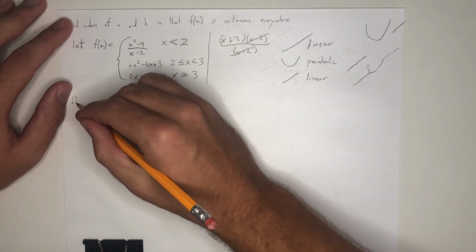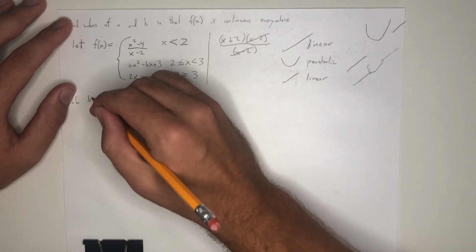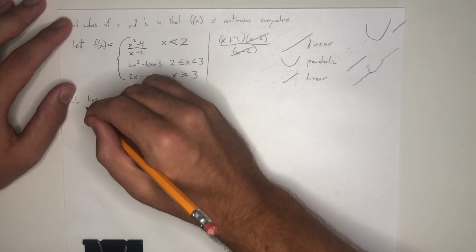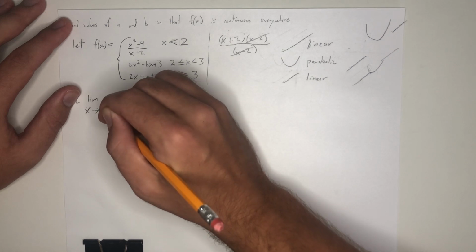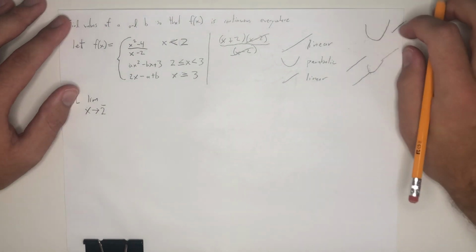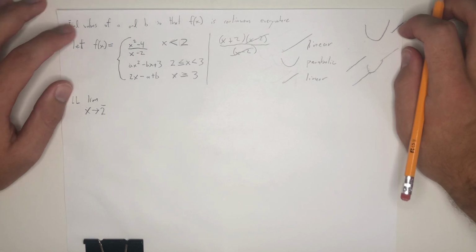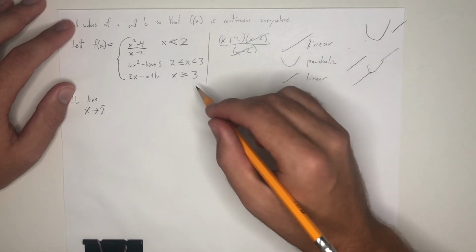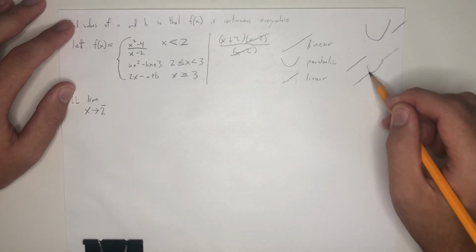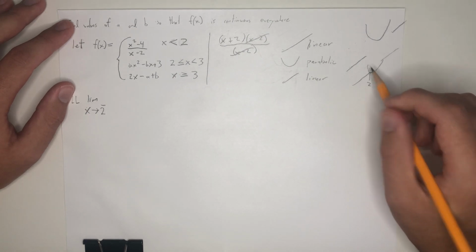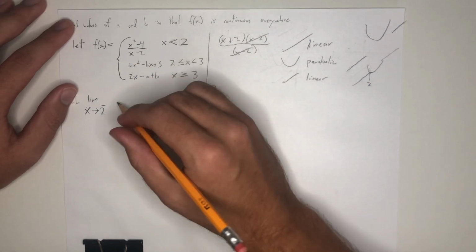Let's look at the left limit: the limit as x goes to 2 from the left. We're looking at this function right here.